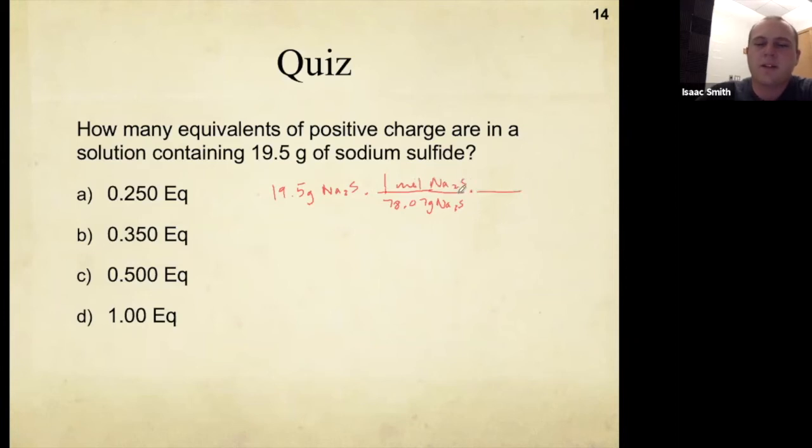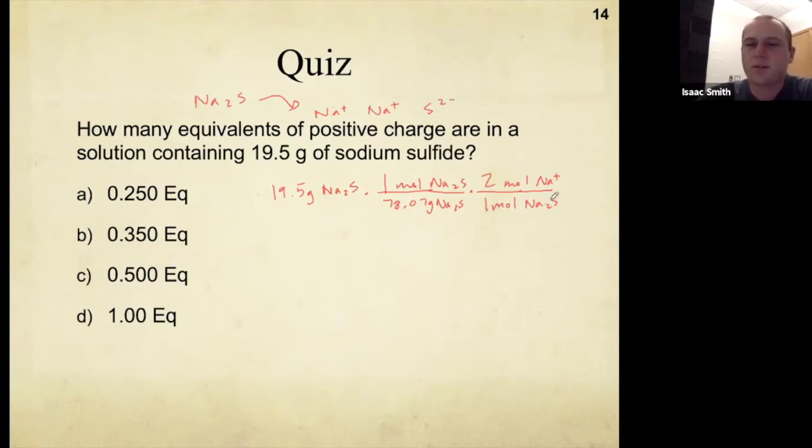Okay, so now that we're in moles, we can convert from sodium sulfide to sodium ions. So for every 1 mole of sodium sulfide, we have 2 moles of sodium plus ions when it dissolves, right? Because you're going to take sodium sulfide, stick it in water, and you're going to get 2 sodium ions and a sulfide ion when they dissociate.